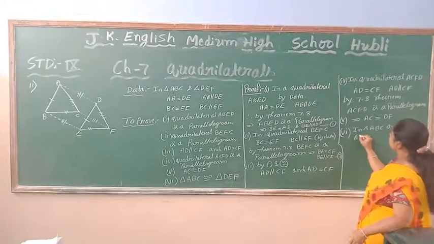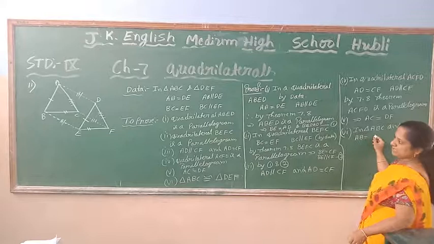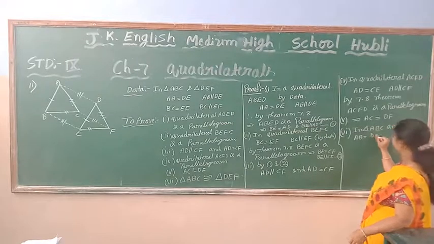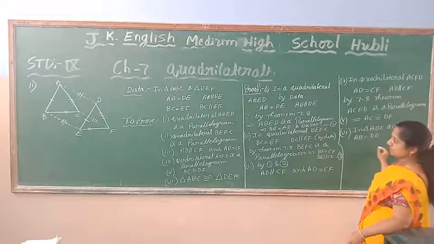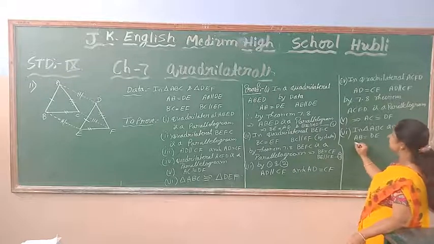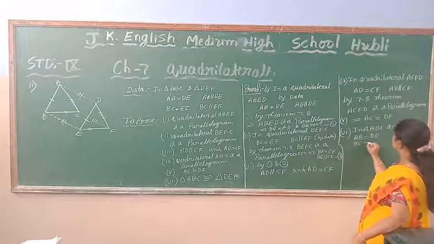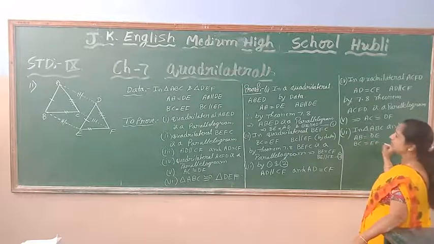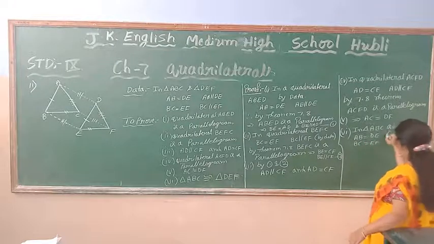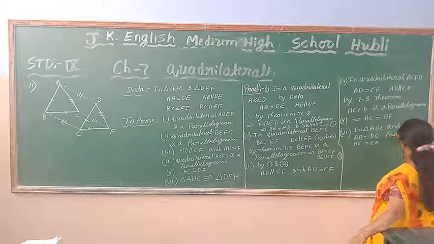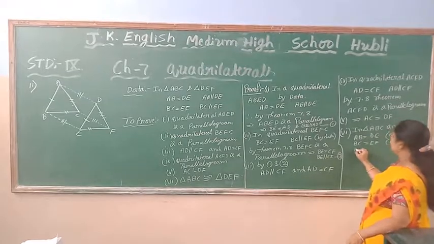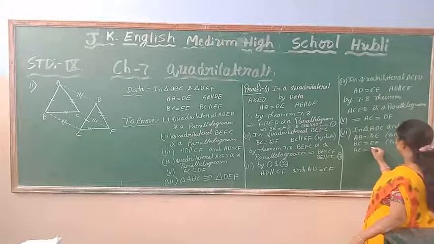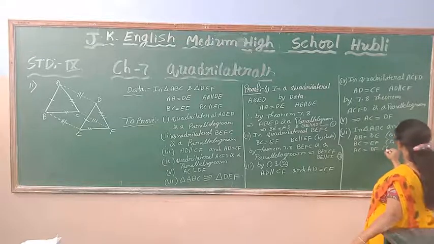That is AD is equal to DE, and it is given. BC is equal to EF, this is also given data. Then AC is equal to DF, we proved now.